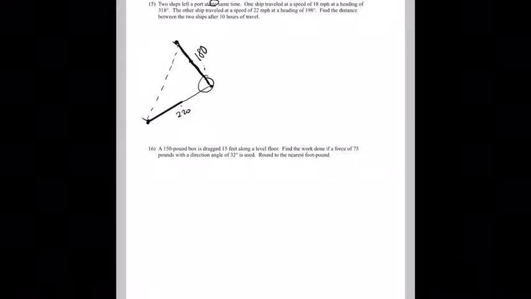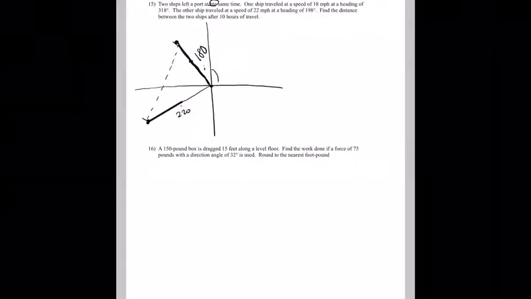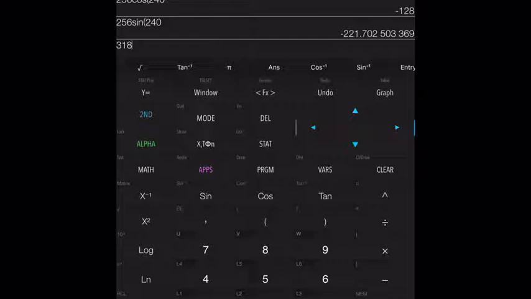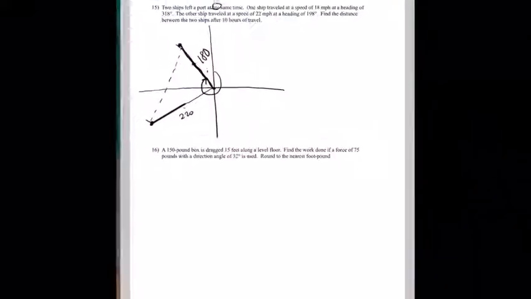Well, we can figure out this angle right here using the headings. So we superimpose an axis system onto this. This first ship had a heading of 318 degrees. So if we take away the 270 from 318, that leaves us with 48 degrees.